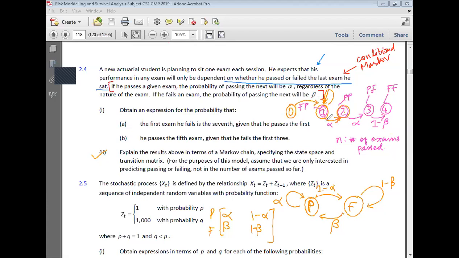So now can you guys try to solve this part 1A? I'm just going to erase this part.